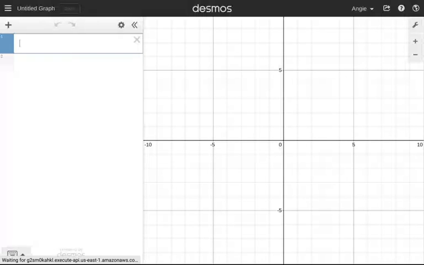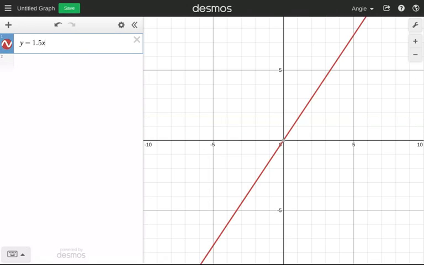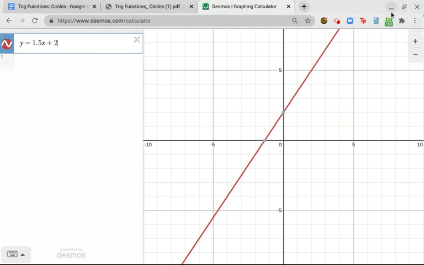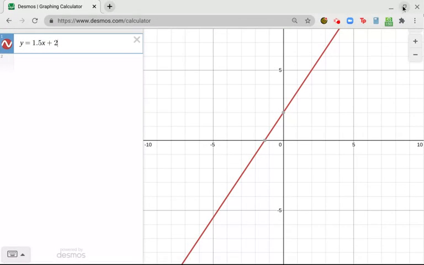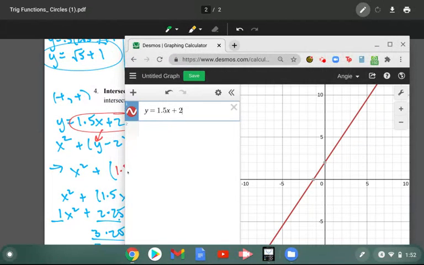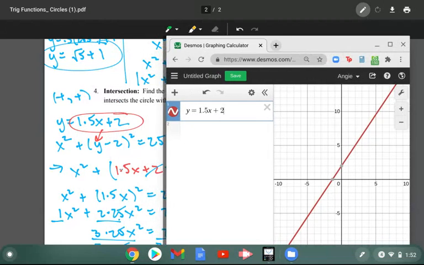Okay, so Desmos. And I'm just going to put my equations in. So y is equal to 1.5x. I believe that was a plus 2. Let me just pull this off and make it a little bit smaller so I can see everything. There we go. Okay, yep, plus 2.